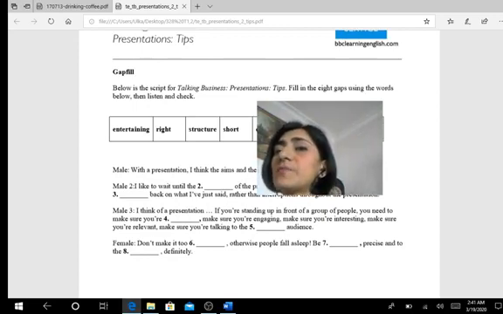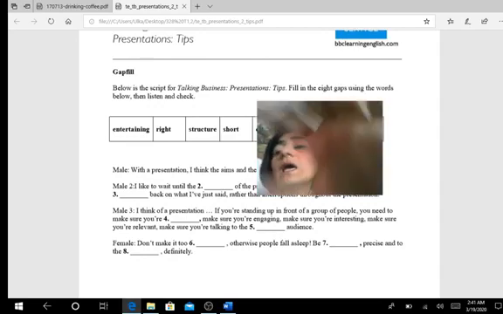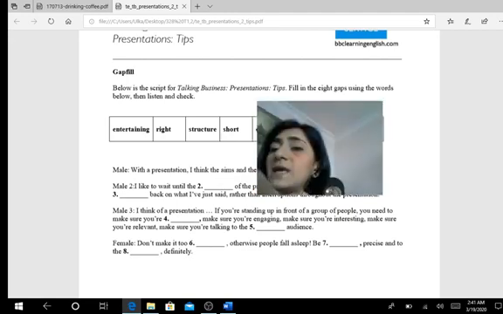To complete these gaps, you will take the words. You will first play your recording, and the words you hear and you see in the box, you will place in your gaps. I think there is nothing else to explain. It's, again, as easy as a piece of cake.